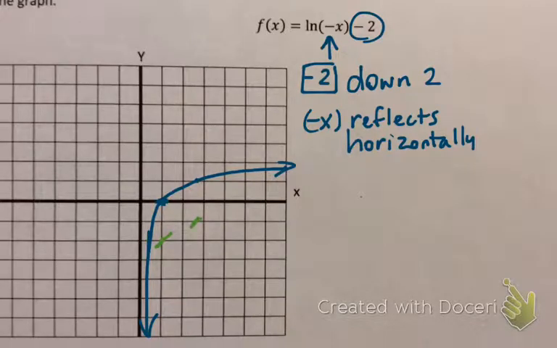And now we're going to take these and reflect them across the y-axis to reflect horizontally, and the moved down intercept would be here, and the other point would be here. So we then trace the curve down to the vertical asymptote and make it go up and out forever to the left, and that's that graph.